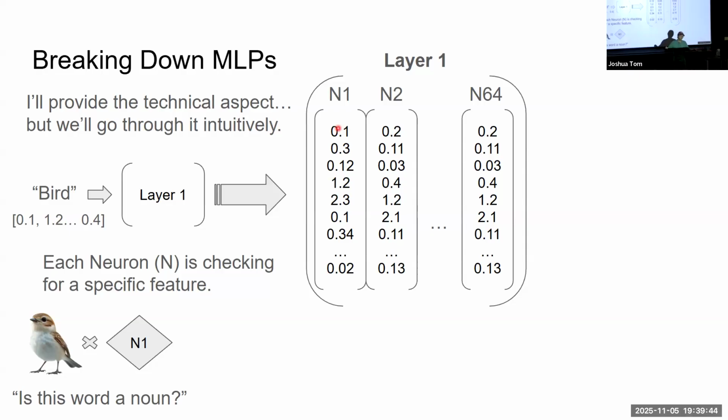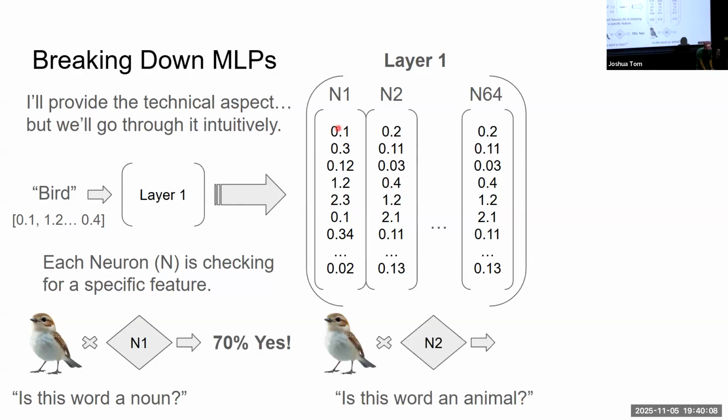It has requirements, it has values, and if those values line up with what bird represents, it'll output more highly. So if bird matches everything that neuron 1 wants, it's going to output that this is a noun pretty strongly. So 70% or 0.7.